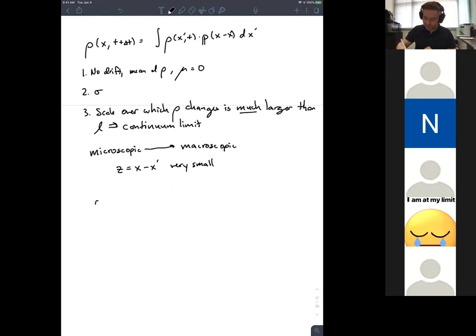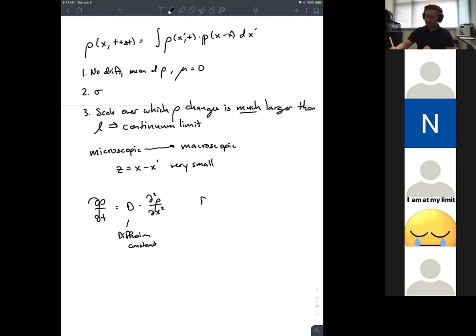The differential equation that we get was this: the partial time derivative of the concentration or the probability distribution is equal to a constant, big D, which we called the diffusion constant, times the second derivative of the probability distribution or the concentration distribution with respect to space.